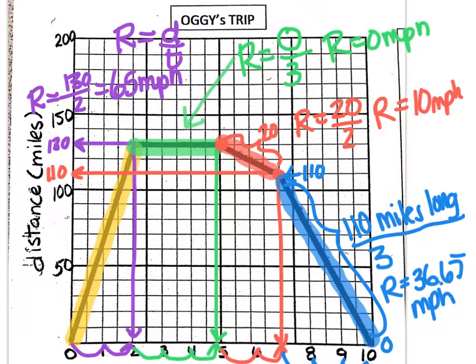So this is nothing different than what we've been doing, but now we're just finding our rate of speed multiple times. So your trickiest parts are going to be the plateaus and these downward pieces where you have to do a little subtraction to find out how long this piece actually is. Okay? So watch this video. This video should definitely help you with your homework tonight.